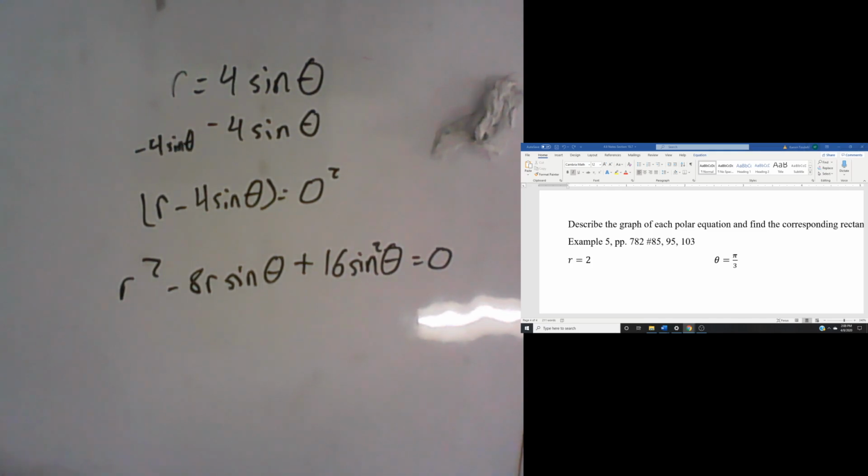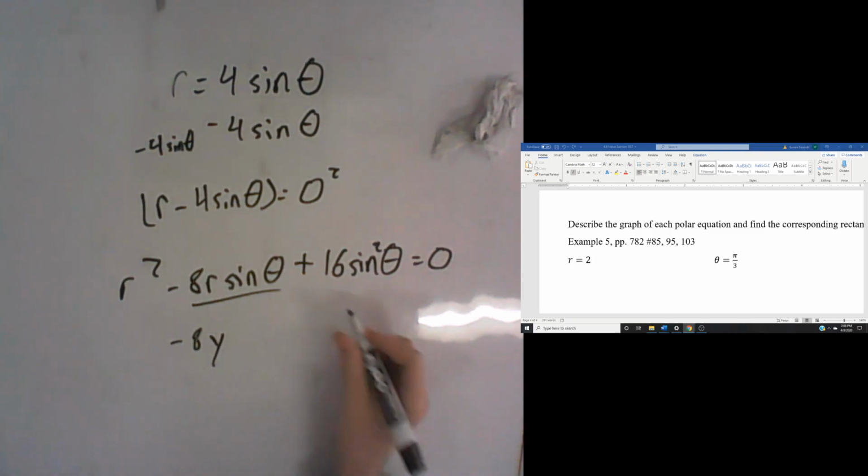I mean, this is accurate. So then this would be negative 8y. What would this be? You know what? I'm blanking on how to do this one.